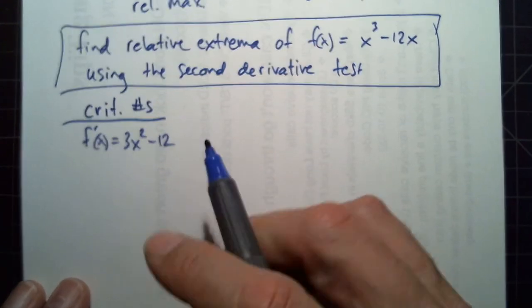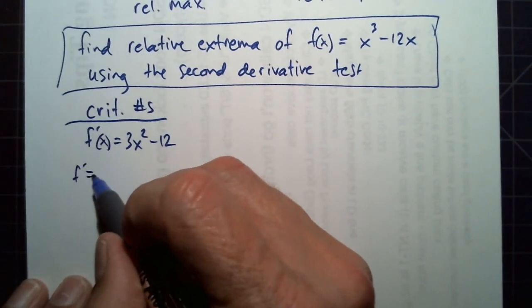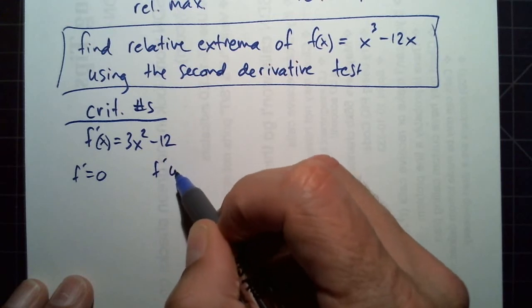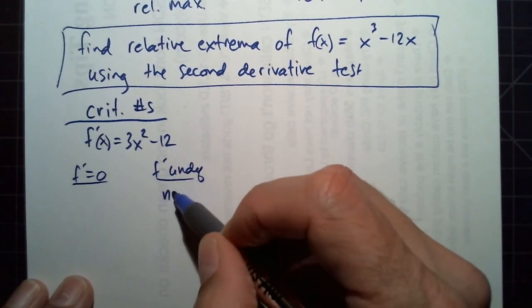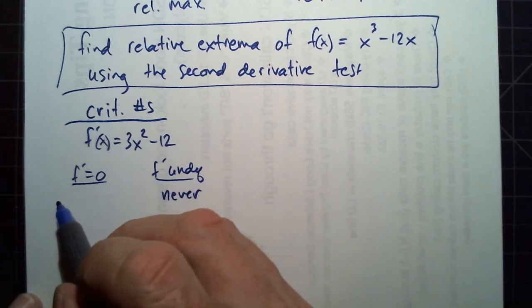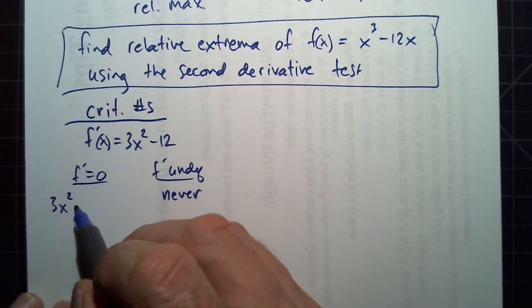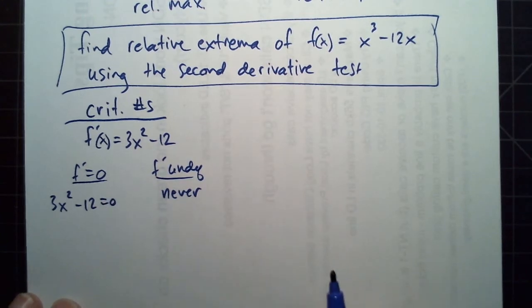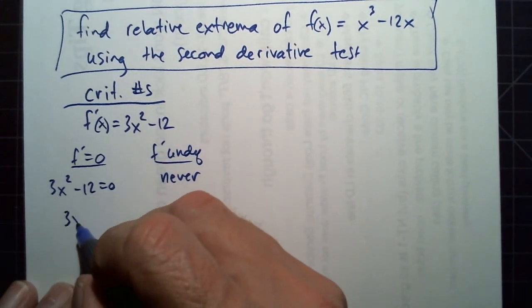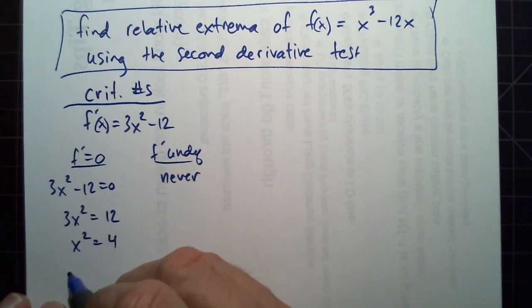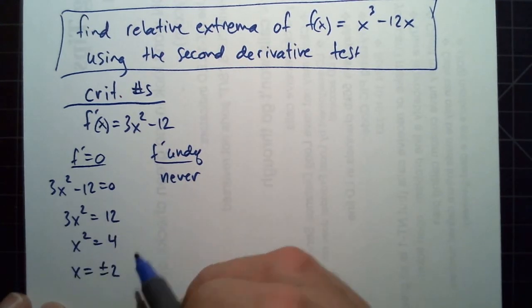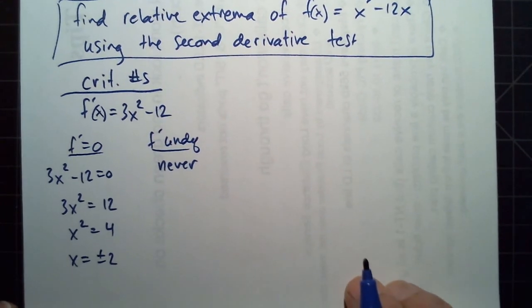We want to know when f prime is 0 or f prime is undefined. A polynomial is never undefined, and we can find out when it equals 0. So we have positive or negative 2 for the critical numbers.